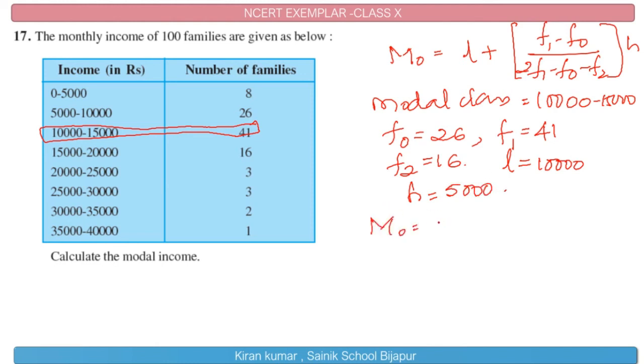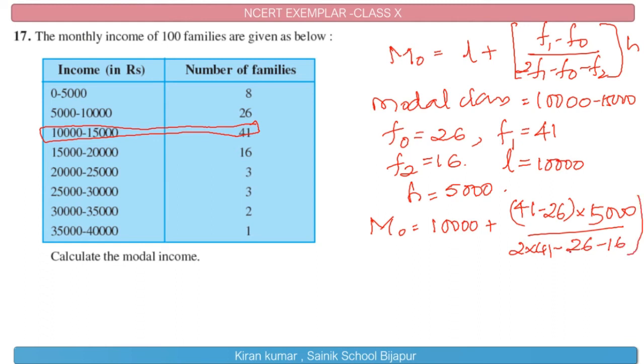Mode will be the lower limit 10,000 plus f1 minus f0, 41 minus 26, multiplied by the class size 5,000, divided by 2 times 41 minus f0, which is 26, minus 16.